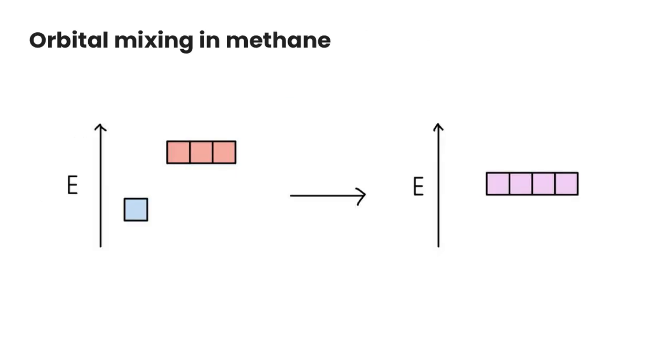So in order for carbon to form 4 bonds of equal length, orbitals will mix together to form new hybrid orbitals. This process is called hybridization. And hybridization only occurs when we have bonding. Okay?